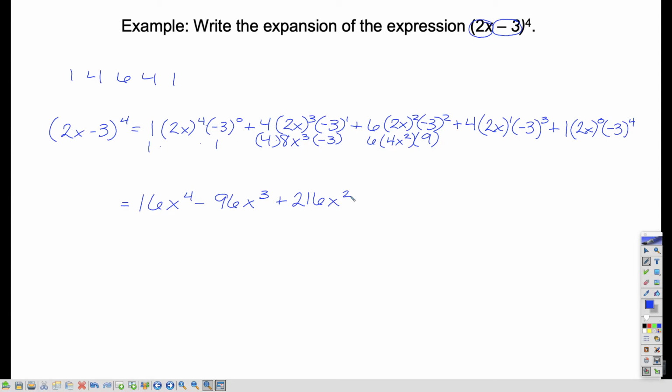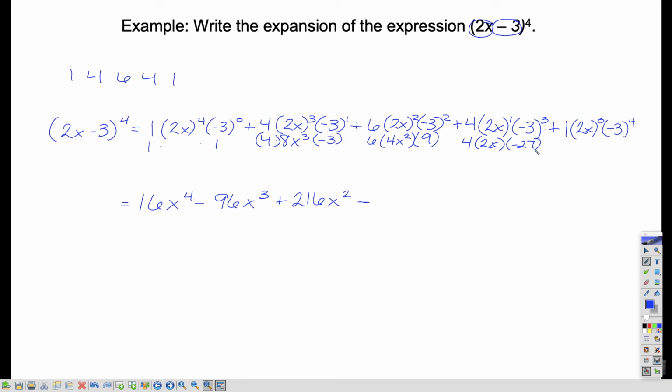Next one, is it going to be positive or negative? Negative. Where am I getting the negative from? Your exponents are odd, and so we're going to have a negative on those, right? Okay, so then I have 4 times 2, 2x times negative 27. So it's going to be negative, and 6 times 27 is 162.